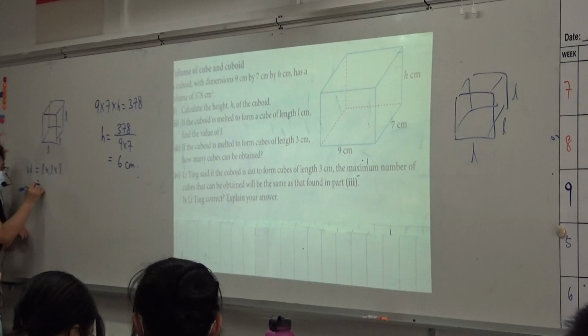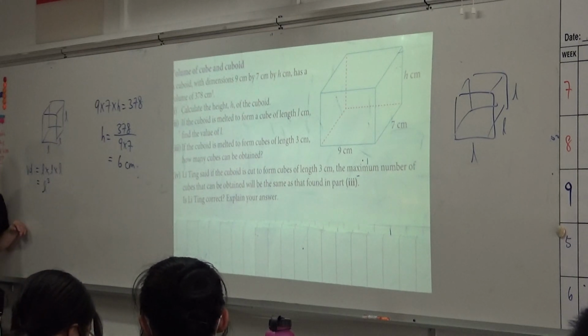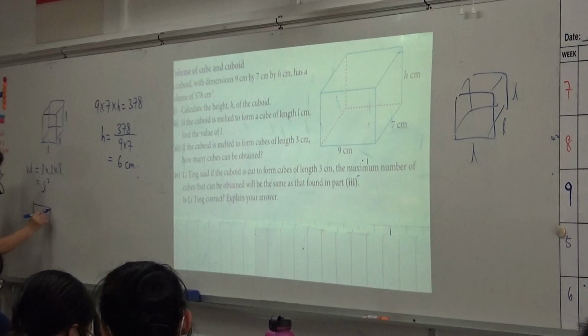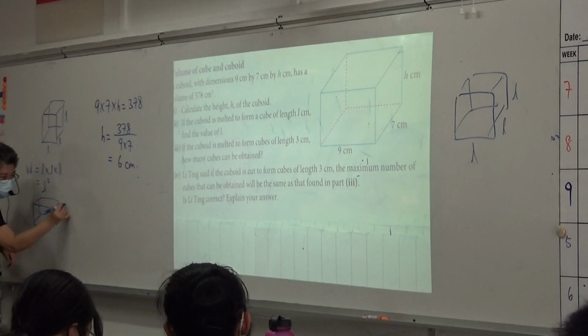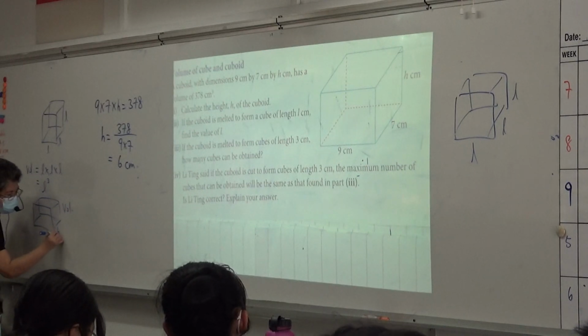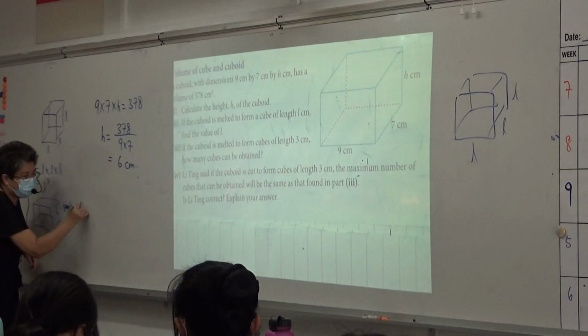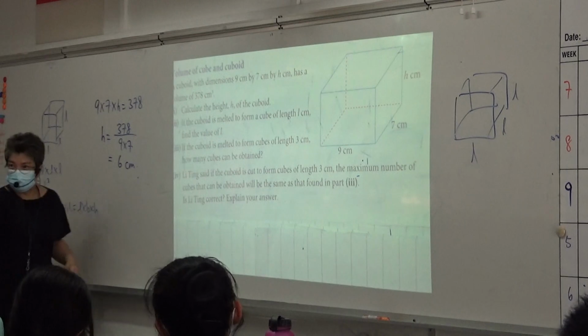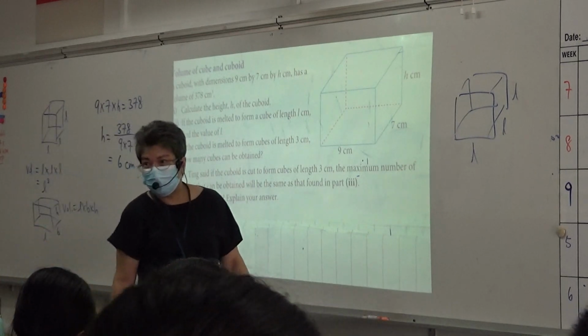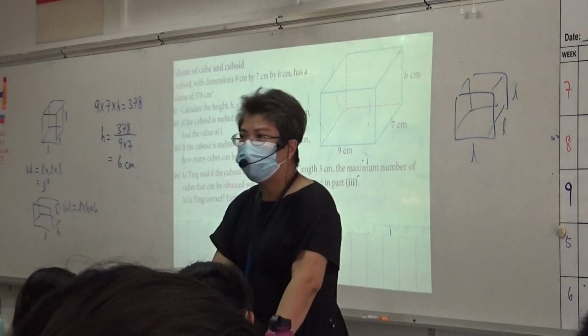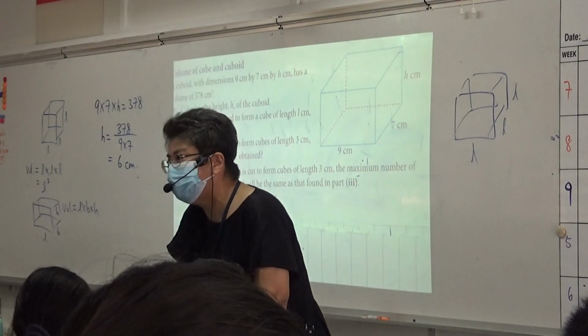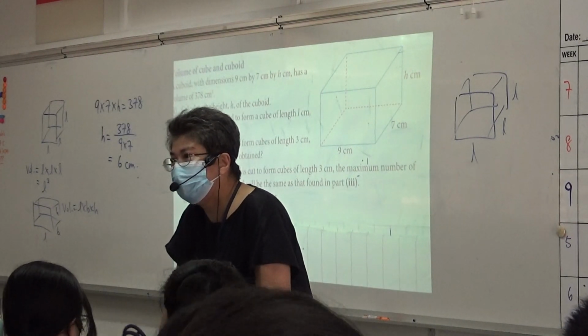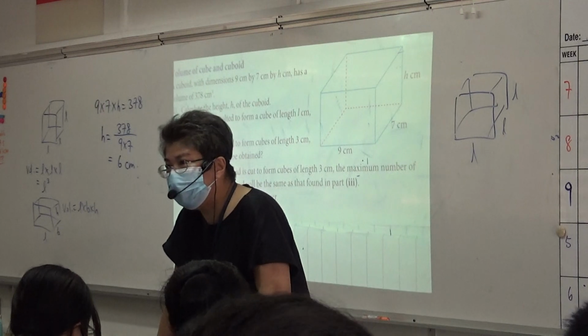Correct. So this one is actually L to the power of 3. Now, if I have a cuboid, how do I find the volume of the cuboid? Let's say this is length, this is breadth, this is height. It will be length times breadth times height. Correct? Actually, a cube and a cuboid, the formula is the same, length times breadth times height. Just like for the cube, the length, breadth and height are the same.